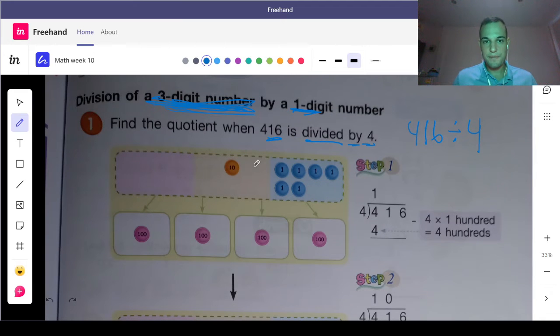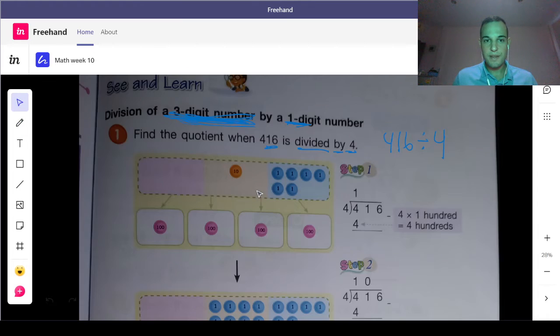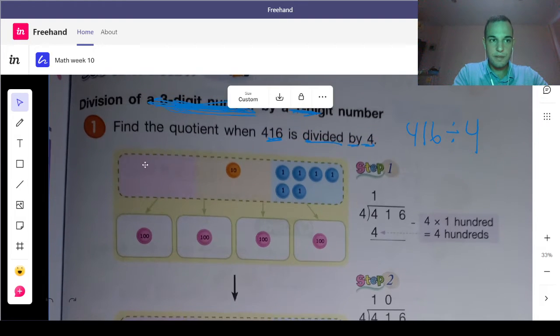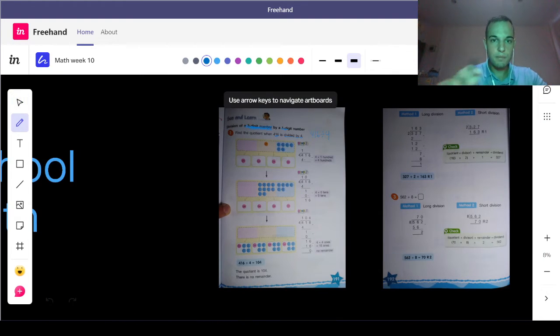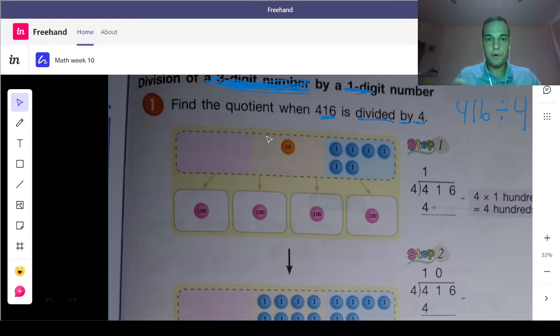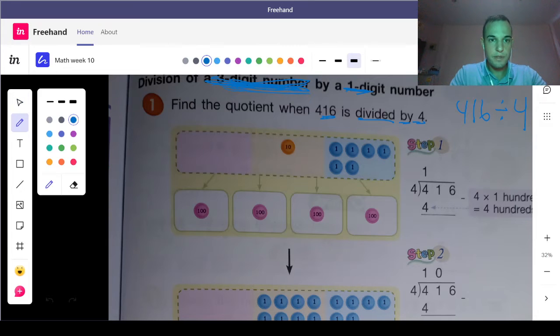We have the 400s. We have 400 divided into 4 groups: 1, 2, 3, 4. Then we have to divide this 10 up into 4 groups.